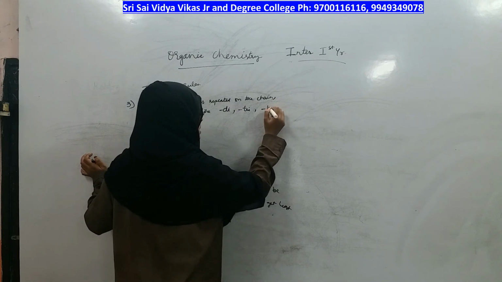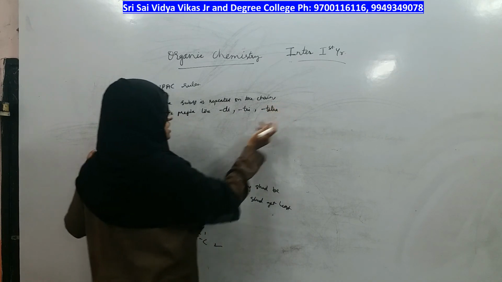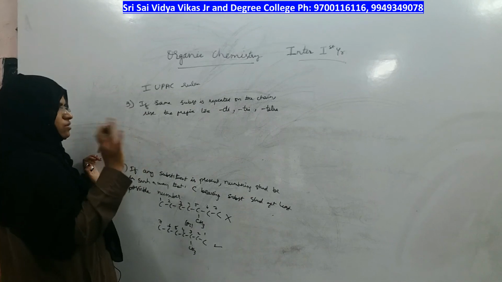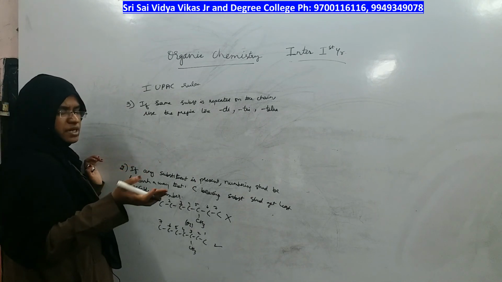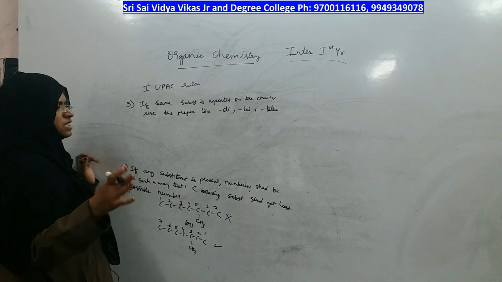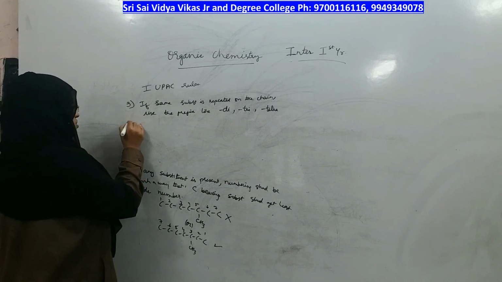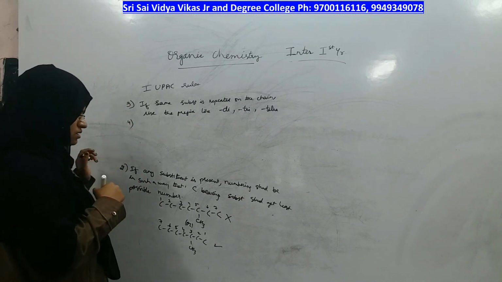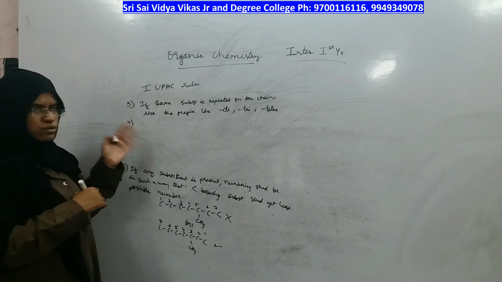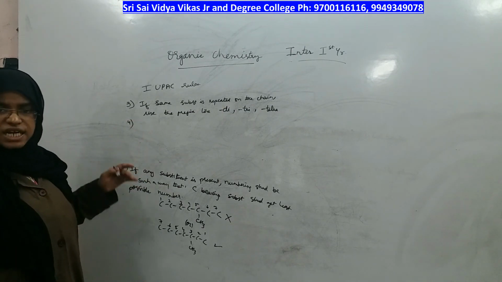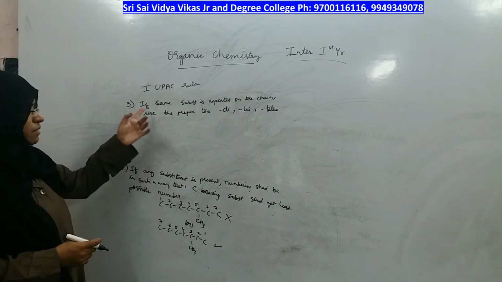Same way, tetramethyl, tetraethyl, tetrapropyl, like that. Okay, 5 times means pentamethyl, 6 times means hexamethyl, like that. Okay, next rule is, I will not be following every rule now. Whenever we start looking at the examples, then we will apply all the rules.